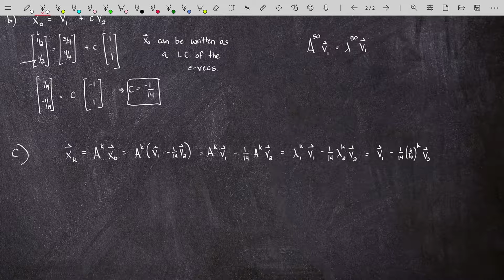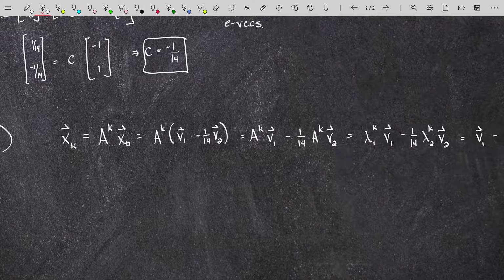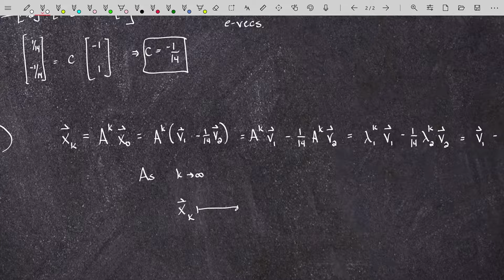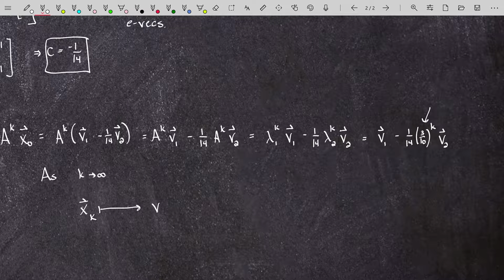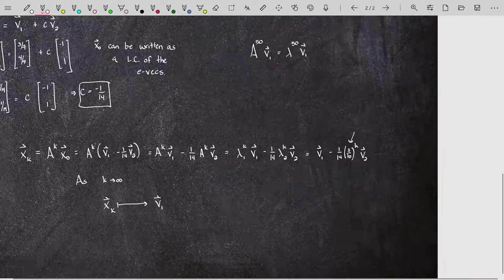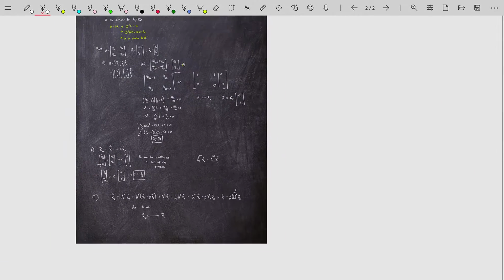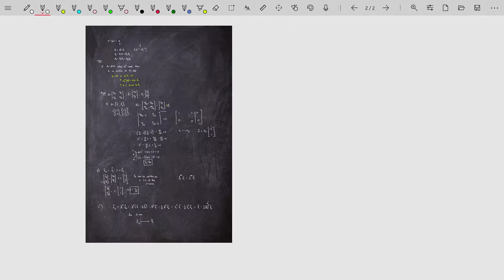So it's saying show that x sub k approaches v sub 1 as k goes to infinity, and it is true. As k goes to infinity, x sub k will tend to, well, that tends to 0, so v sub 1. There you go. So that is both 23 and 25.